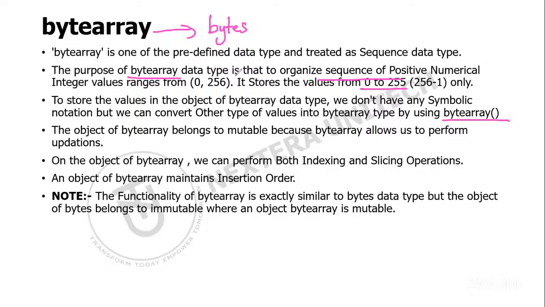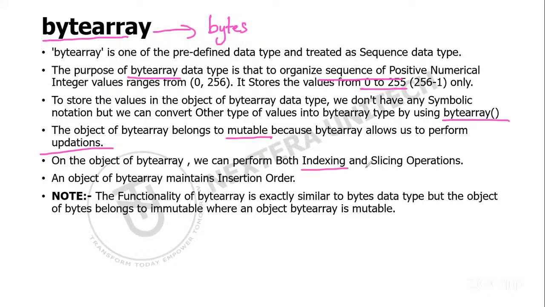The only difference between bytes and byte array is that byte array belongs to the mutable types, whereas bytes belong to the immutable types. So that is the main difference. What does that mean? Even after creating a byte array object, I can still perform item assignment. I can perform updates.